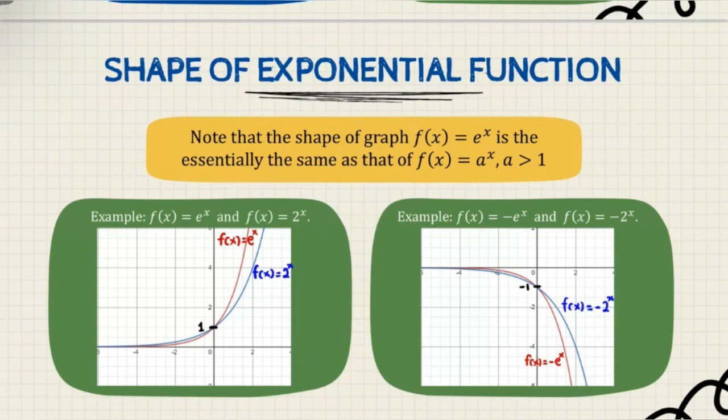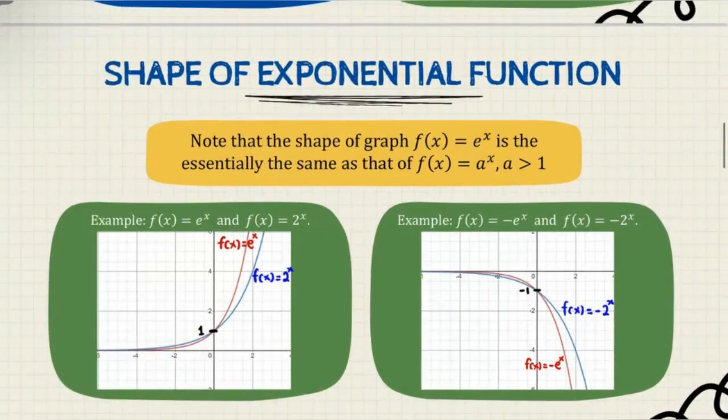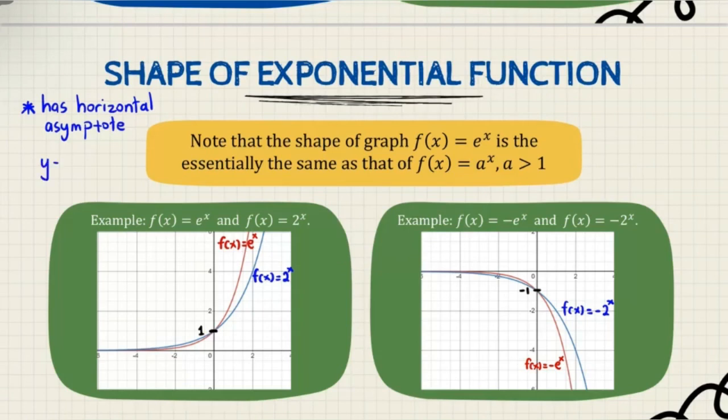So untuk exponent function dia ada horizontal asymptote. So macam mana kita nak dapatkan horizontal asymptote tersebut? Okay, so let's say our function adalah y equals to e power of x plus a.